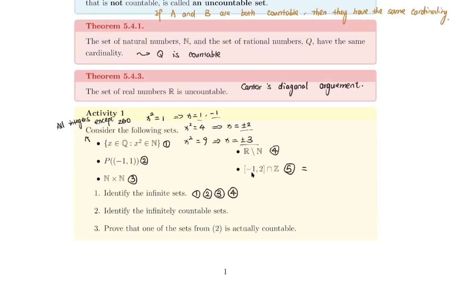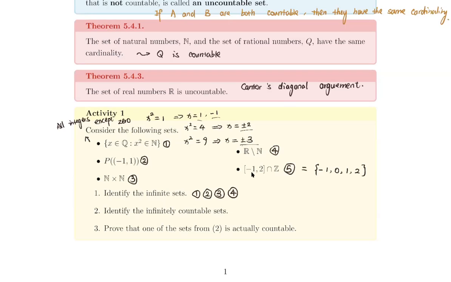Someone said negative 1, 2. No. Number 4 is infinite, yes. Number 5, what's number 5? Negative 1, 0, 1, 2, exactly. Okay, so number 5 is finite.